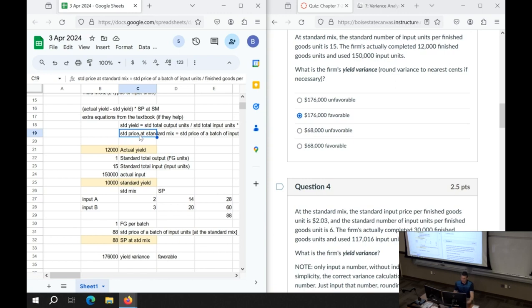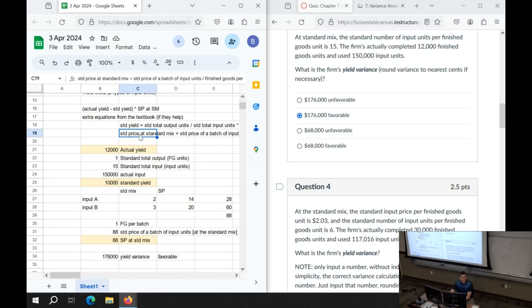And from that, you can figure out, oh, it's 1 to 2 standard mix for 500, 1,000 to 2,000 for 500 units. And you could then do the division to figure out how much it is per one finished goods unit. I don't think I have questions that ask that. Am I wrong? Anybody seen that? Where I have a big batch of finished goods units, you have to figure it out on a yield variance question?